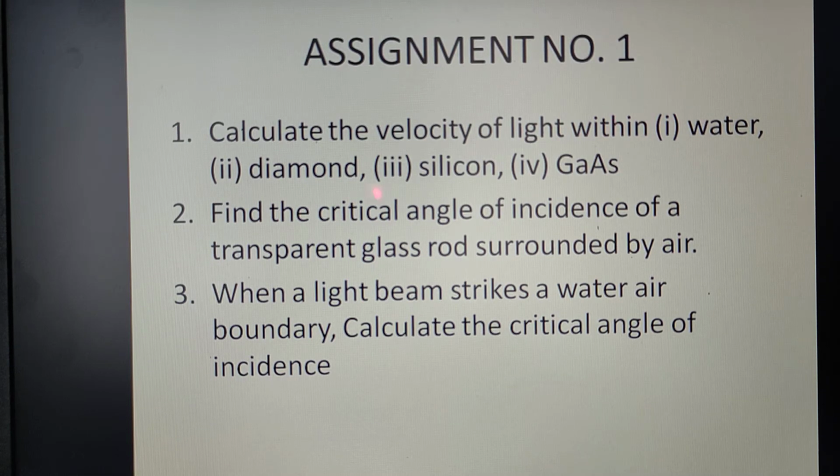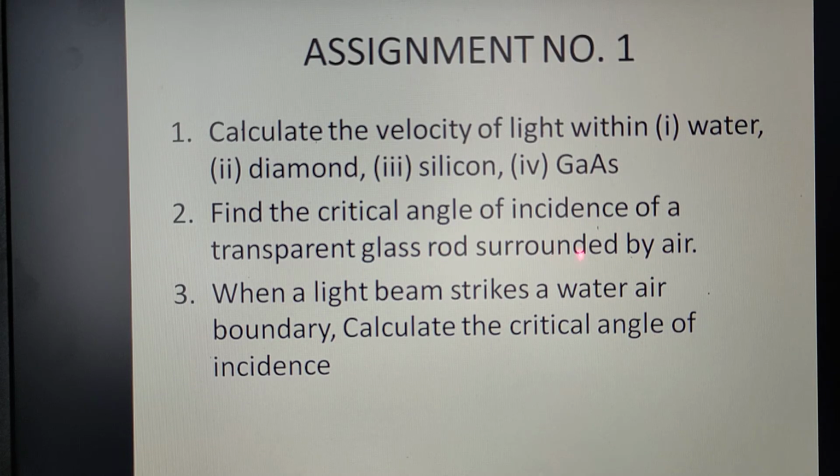Find the critical angle of incidence of a transparent glass rod surrounded by air. When you see a transparent rod, there are no values given over here, so do not think that you're going to give a theoretical explanation about this. No. For a transparent glass rod surrounded by air, you know that the refractive index of glass is 1.5, and air is 1.